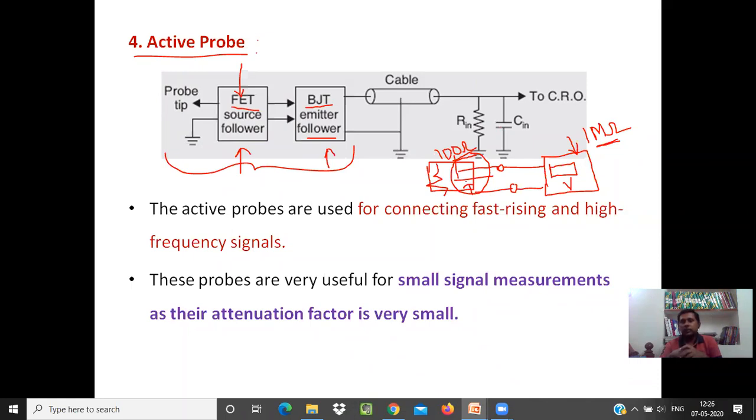But if we use a high input impedance component, this circuit resistance will not change, because the resistance is very high: 1 mega ohm and 100 ohm. The parallel combination is 100 times 1 mega ohm divided by 100 plus 1 mega ohm. The resultant value is very close to 100 ohms, so the resultant resistance will not decrease noticeably from the actual resistance of the circuit.